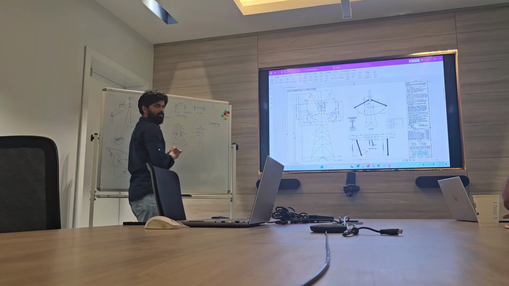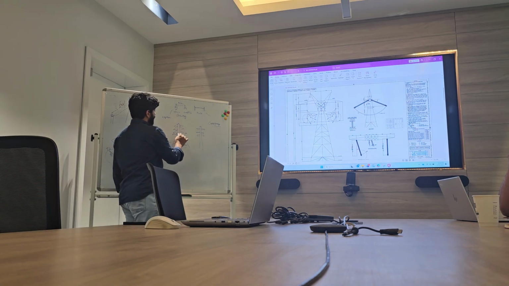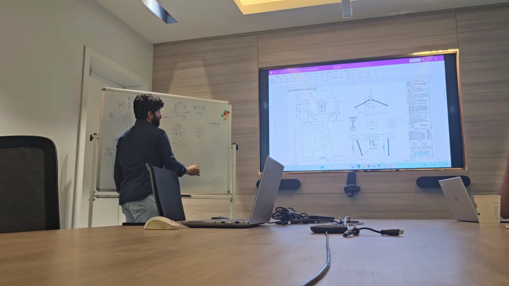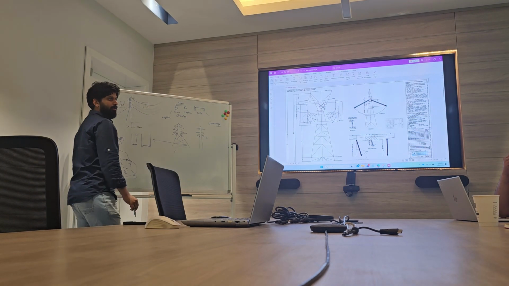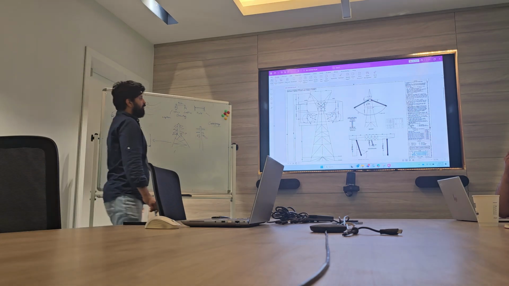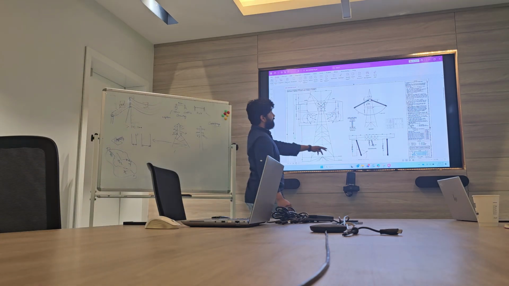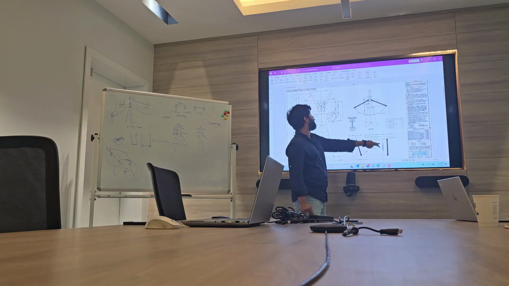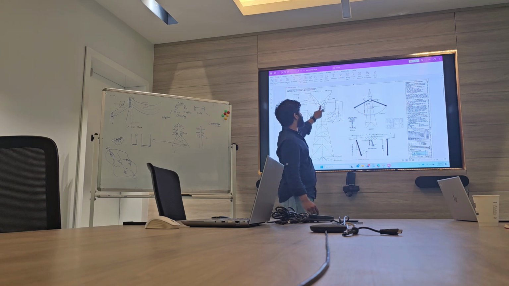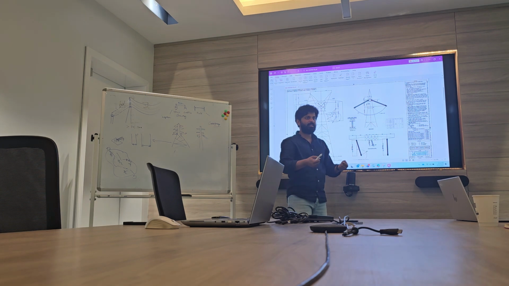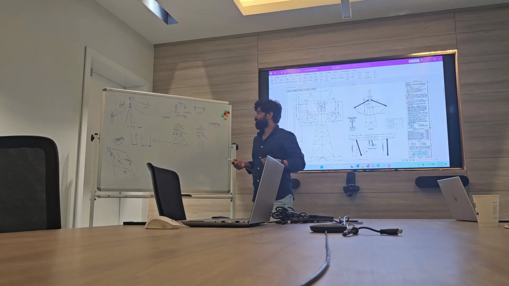So now in this figure, this is a tension insulator. This is a suspension jumper. This is a tension insulator. You catch the conductor like this. What's the difference?